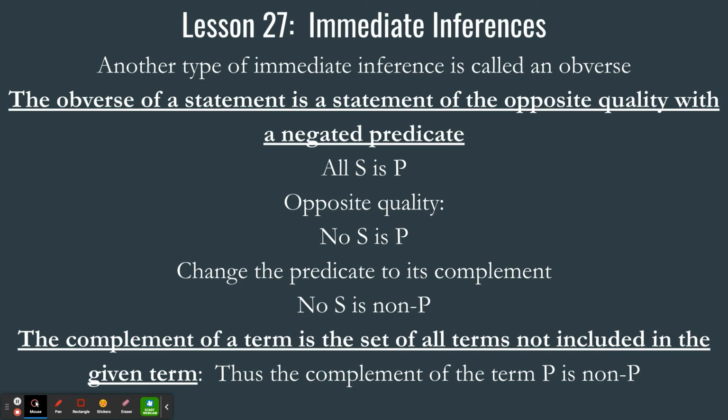Well, if you started off with some S is P, I need to make it the opposite quality. So now we have some S is not P, and then I need to make the predicate its complement. I would say some S is not non-P.